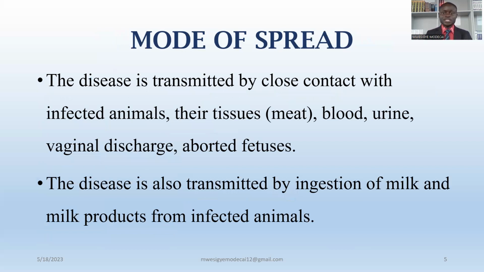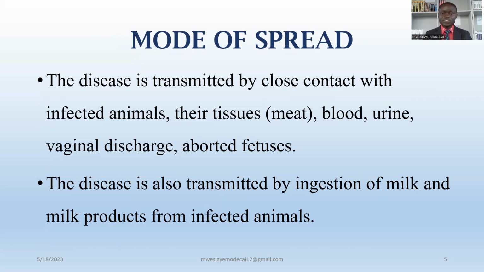We are saying the disease is transmitted by close contact with infected animals, their tissues or meat, blood, urine, vaginal discharge, and aborted fetus. If the animal aborts and you touch that aborted fetus and it was already sick, you are likely to also contract brucellosis.